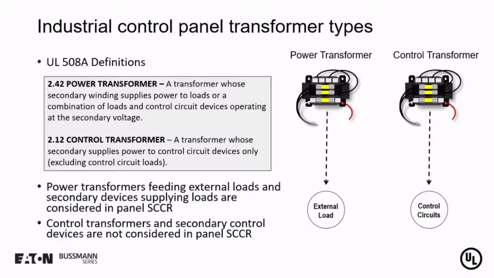A power transformer is simply a transformer that supplies a load. And when we have a power transformer, we will need to analyze the secondary components on the transformer for SCCR. If we have a control transformer that only supplies control circuits, then we would stop at the primary overcurrent protective device interrupting rating.